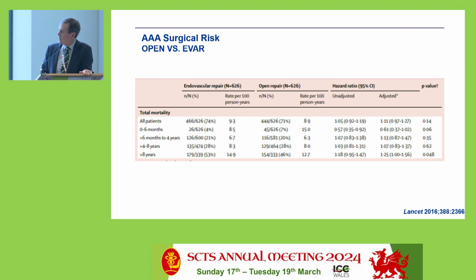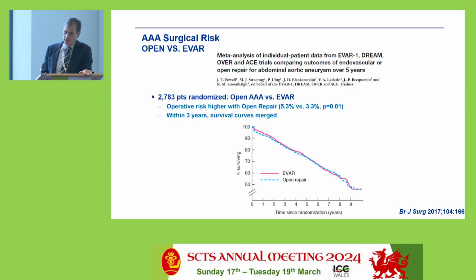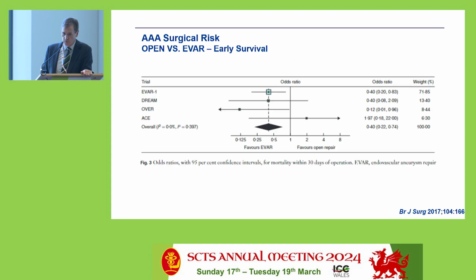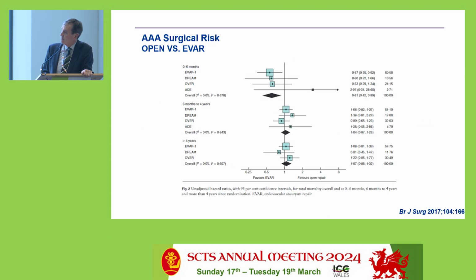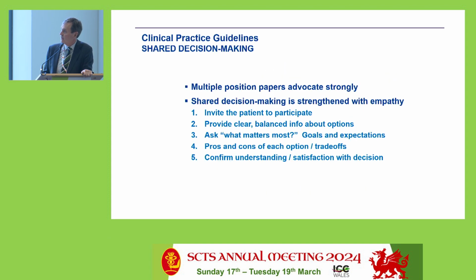But they even back out and actually go a little bit the other direction towards favoring open repair once you get past 8 years. These otherwise randomized studies done in a meta-analysis demonstrate no significant difference in long-term survival between the groups. Early survival obviously favors EVAR, but late survival is probably the same.